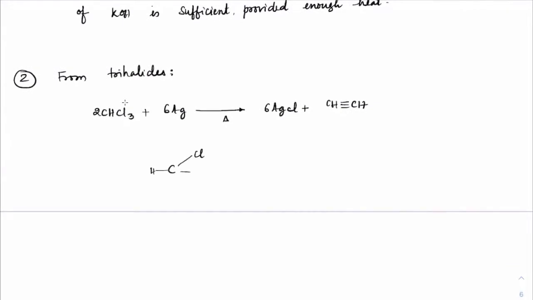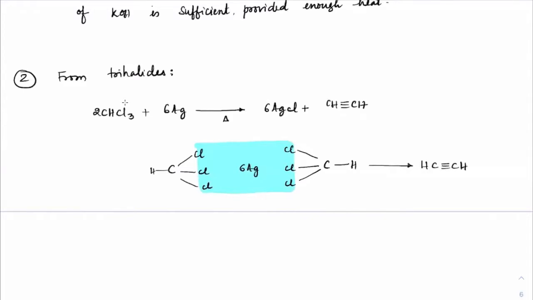Imagine we have Cl, Cl, and Cl, and I have 6 moles of silver. 6 moles of silver will provide 6 electrons. Correct? So these 6 electrons and the 6 chlorines, all of them will get terminated with silver. And the dots that are formed here with the carbons will get back to formation of this. So think about it this way.